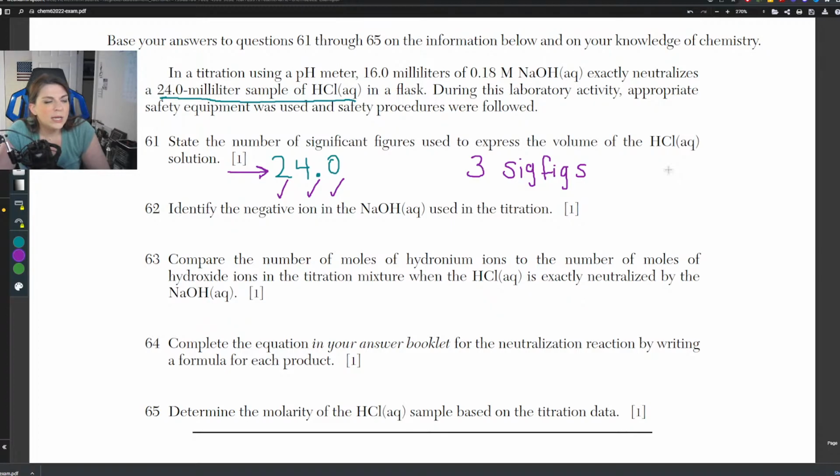62. Identify the negative ion in the sodium hydroxide that is used in the titration. Even if you didn't know that this was a base, sodium is a positive ion, and then hydroxide, it's on table E. That's the negative ion.